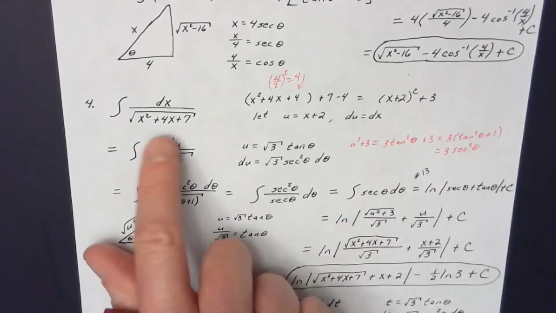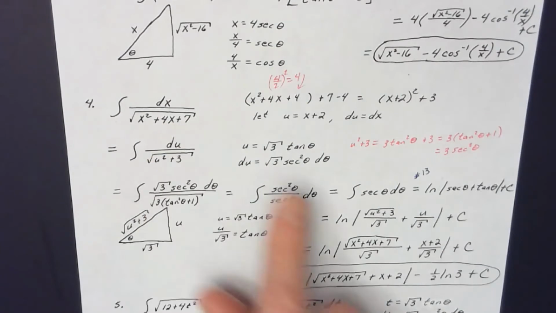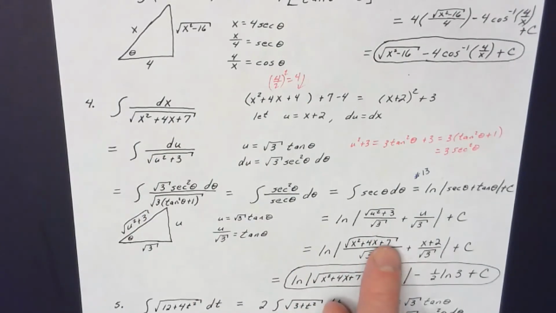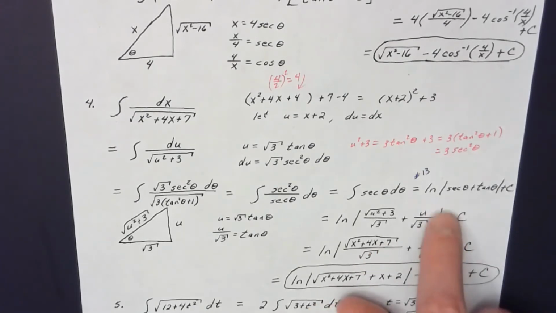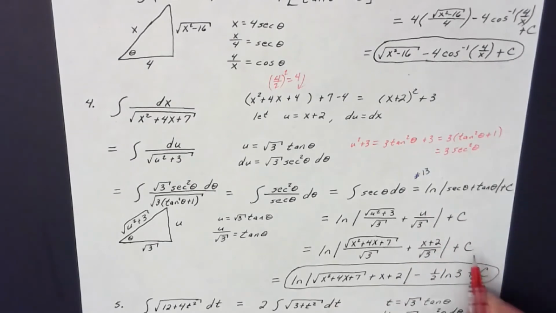And that just takes me back to the original x squared plus 4x plus 7. So the u squared plus 3 was used to substitute the x squared plus 4x plus 7. Plug that in over the root of 3. u is just x plus 2 over the root of 3. And then we put in our constant of integration.